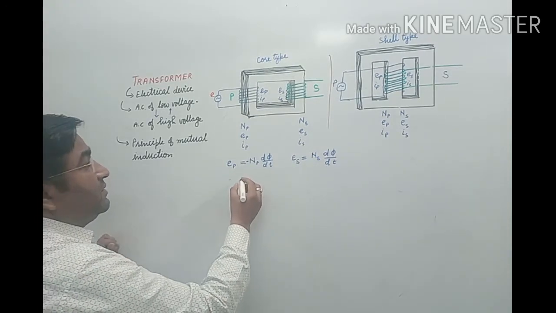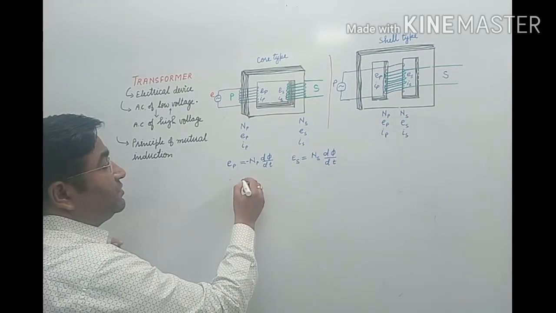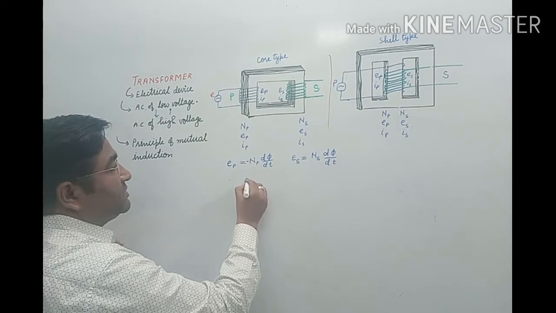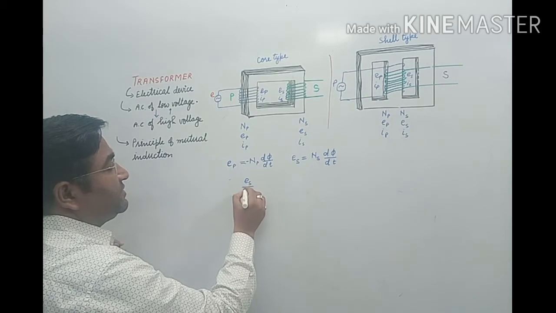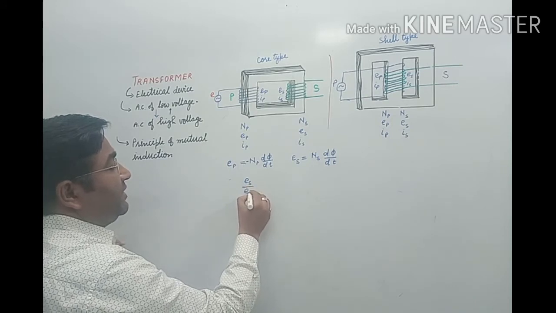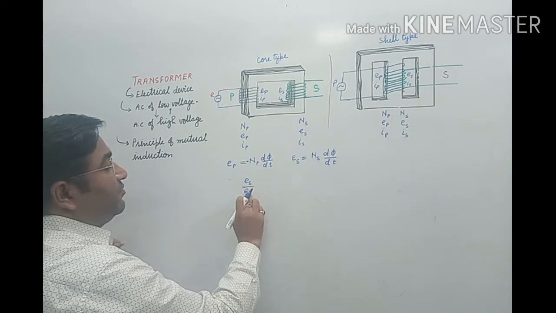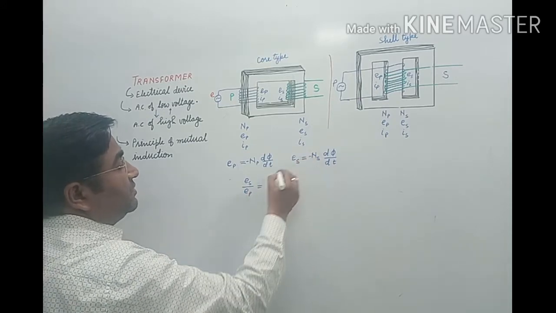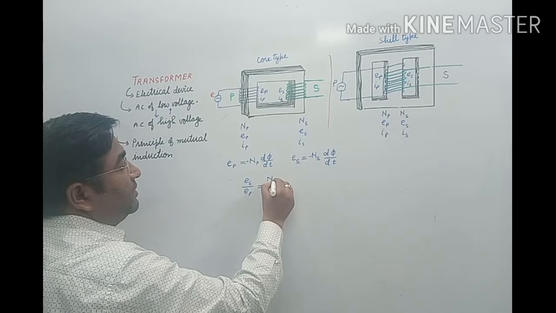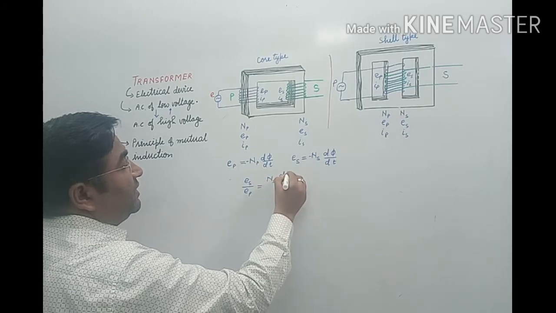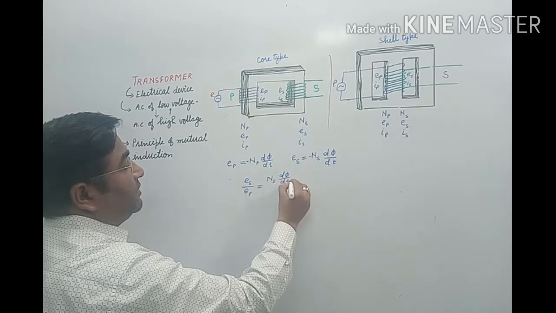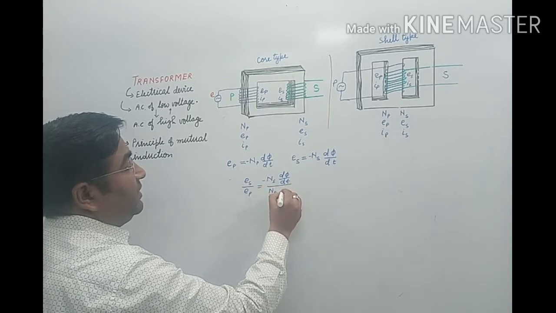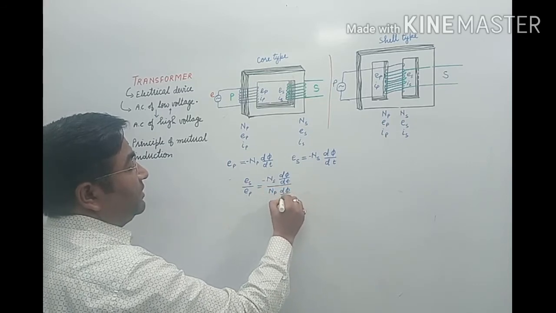Then this ratio, induced EMF in the secondary coil Es upon induced EMF in the primary coil Ep, is equal to Ns d phi over dt upon Np d phi over dt.